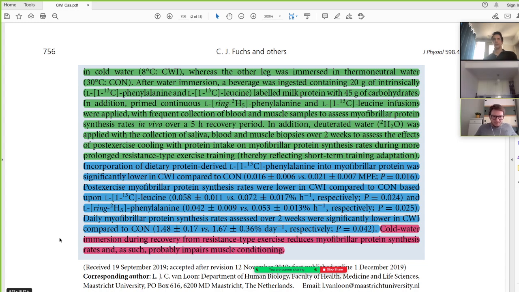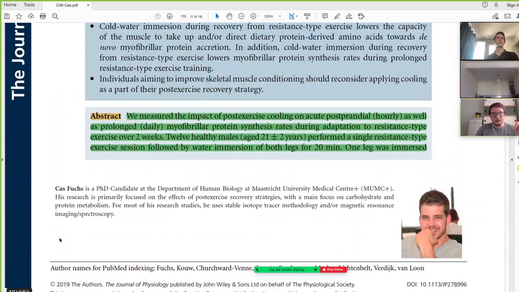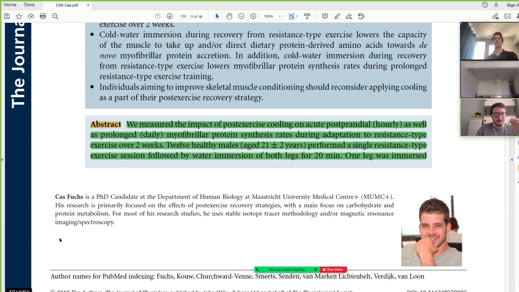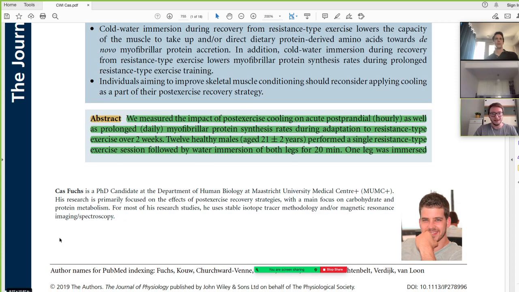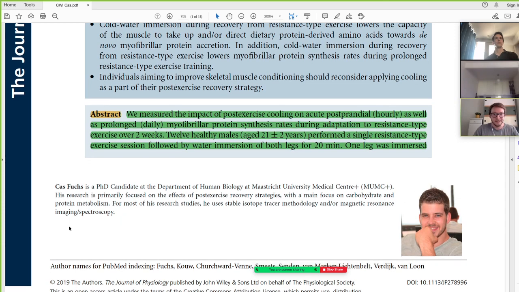In this case, if you go up, Bjorn, usually you start off with a bit of background, but this journal specifically says you don't need to, because they also have the key points where you have a bit of background. So here you just jump right away into the methods.